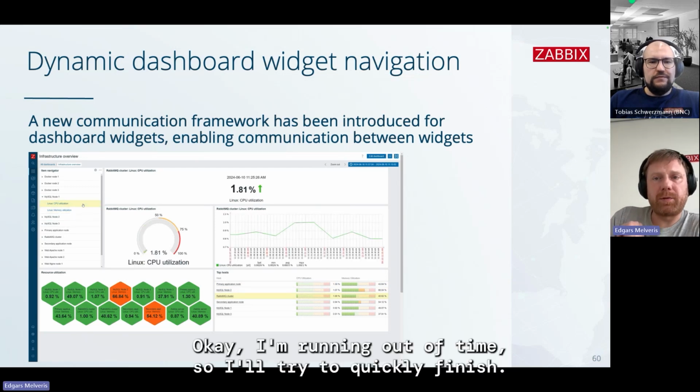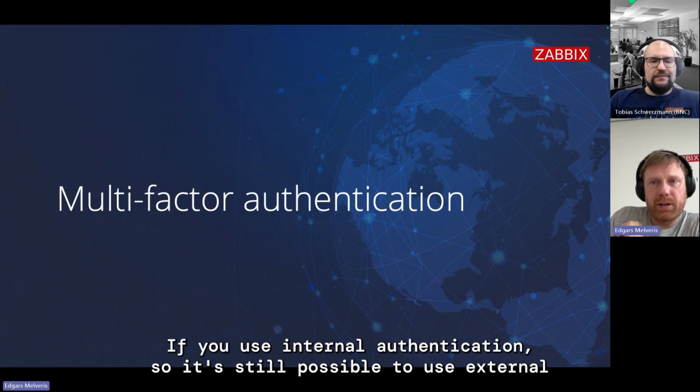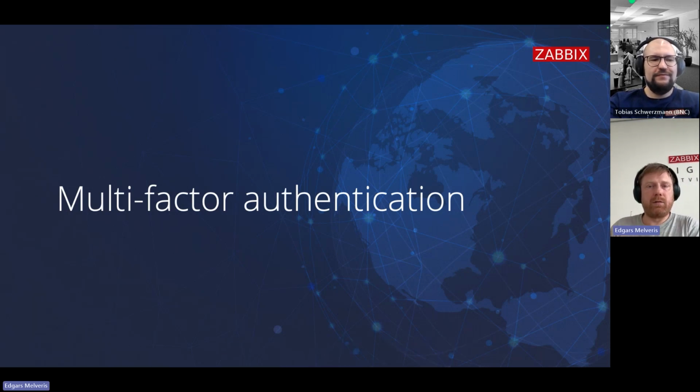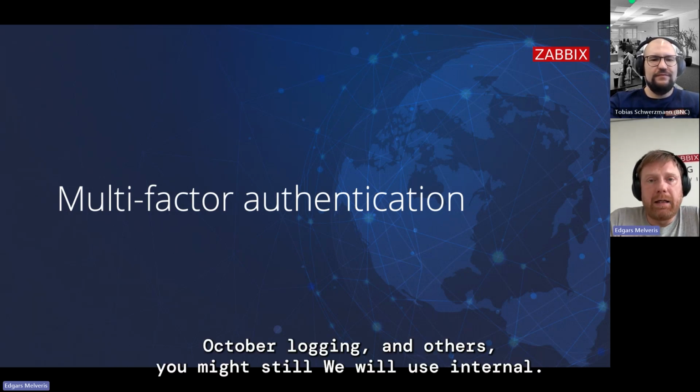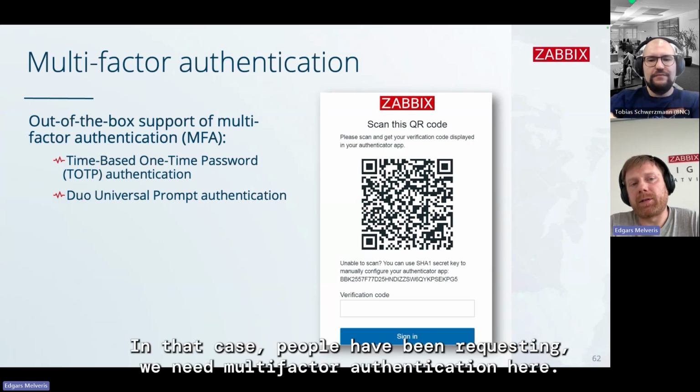I'm running out of time, so I'll try to quickly finish. If you use internal authentication, it's still possible to use external authentication tools like Active Directory, SAML, Okta login, and others, but you might still use internal. And in that case, people have been requesting multi-factor authentication.